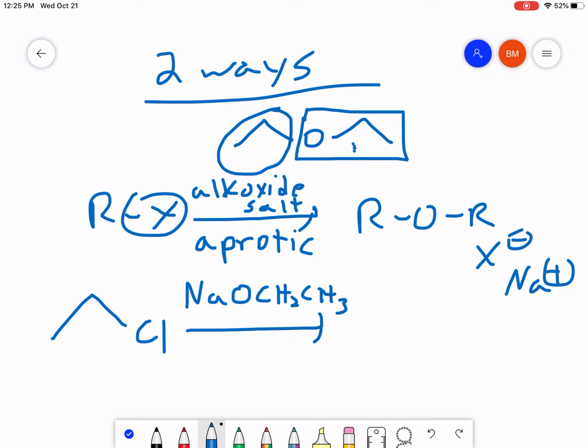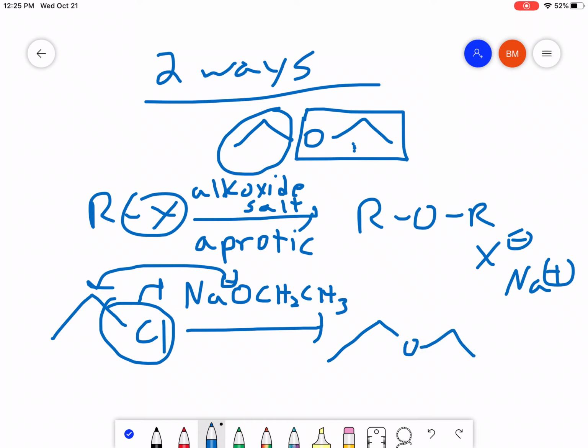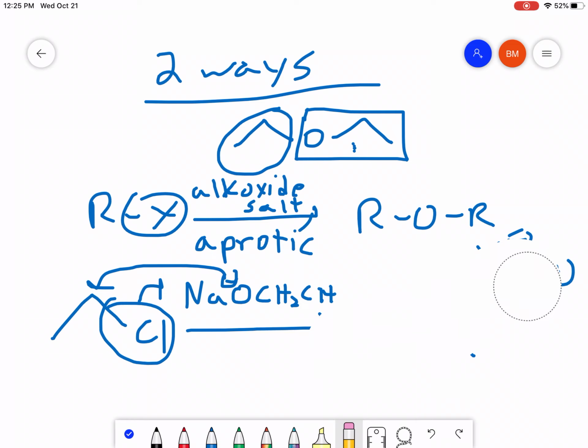But when you put it in a solvent and it dissolves, it gives you Na plus, which we don't care about, and then OCH2CH3 minus. That's what acts as your nucleophile to come in, attack that carbon, bump off your Cl minus, and boom, give you your product.